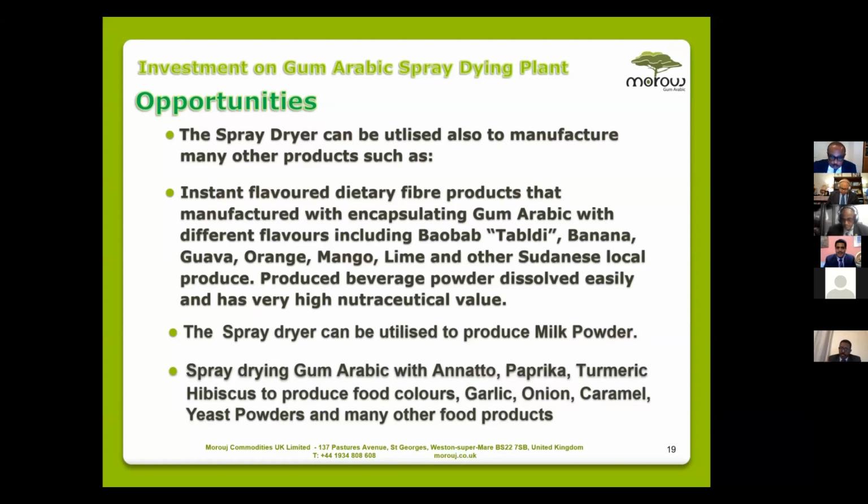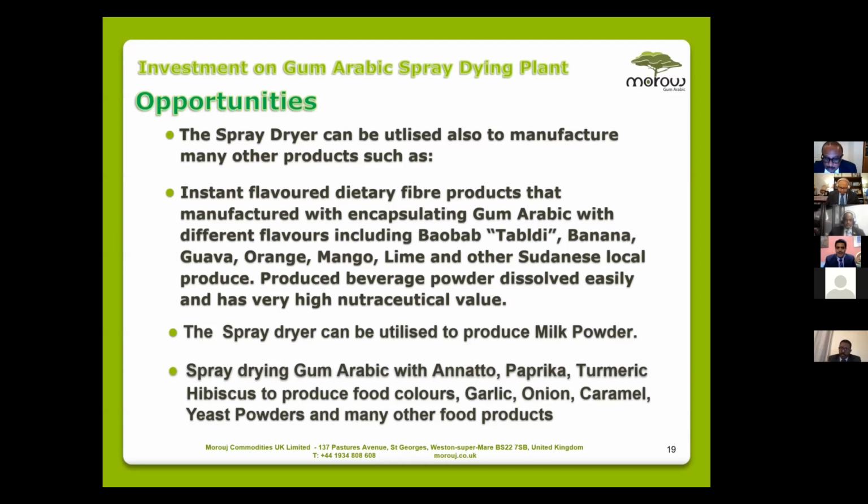A spray dryer can also be utilized to produce milk powder, especially during the milk season, where there is a high amount of milk produced. Also, a spray dryer can be used to produce food color with gum arabic, like annatto, paprika, turmeric, hibiscus.